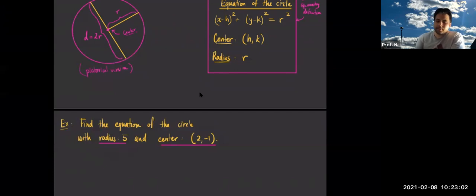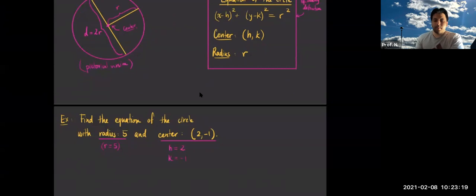If the radius is 5, what do I have? I got r equals 5. If my center is 2 comma negative 1, then that means that my h value is what? 2, and my k value is what? Negative 1, right?